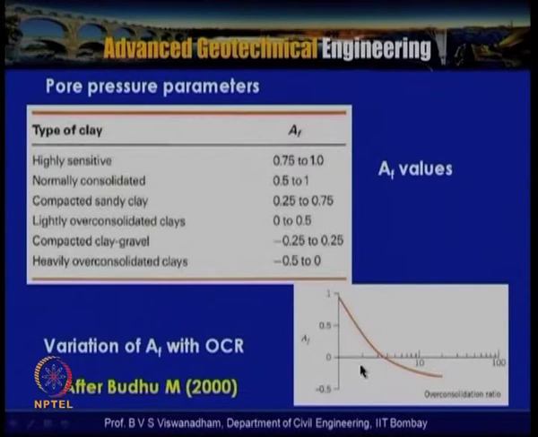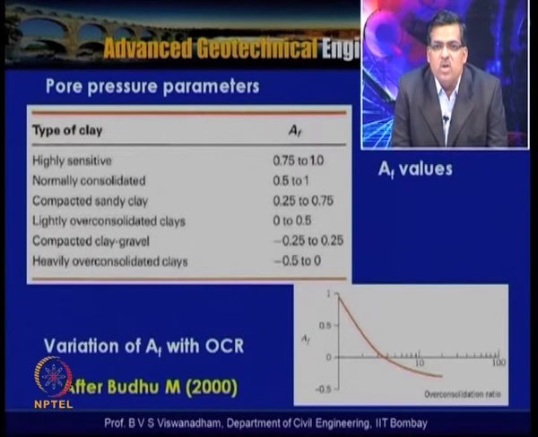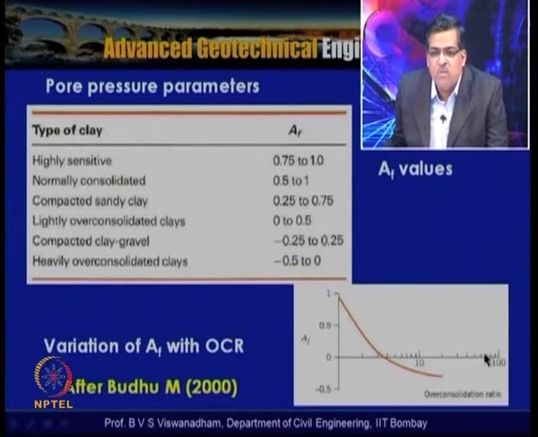If you look at the plot, which gives the variation of AF with OCR, with increase in OCR, you can see here 1, 2 and 3. OCR greater than 2 is classed as more than lightly over consolidated clays. When OCR is in the range of more than 3, the AF value will be negative.